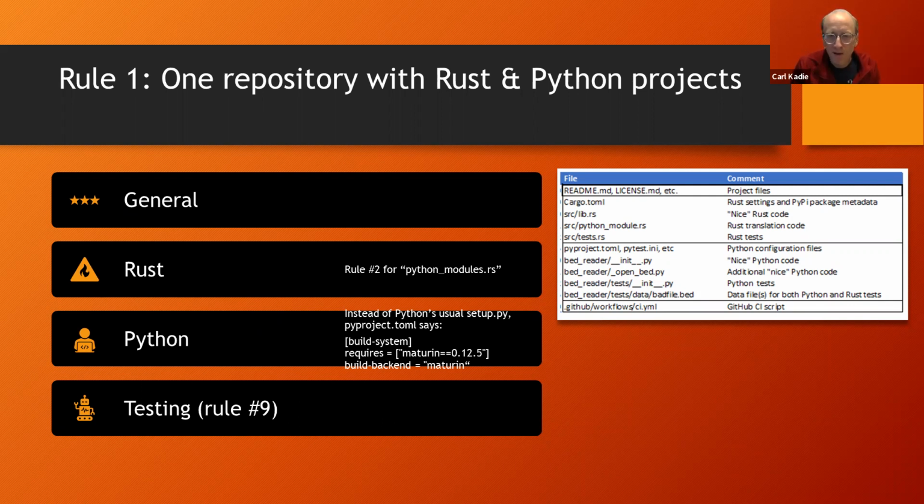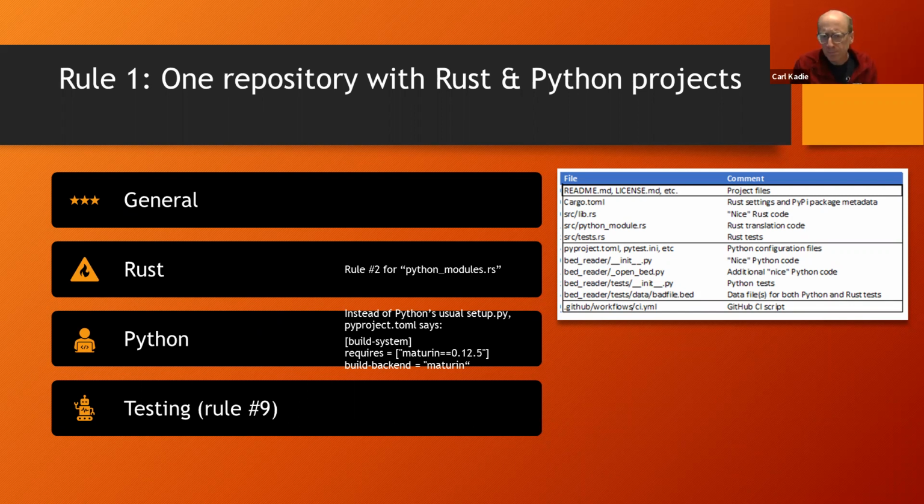And underneath that, there'll also be a folder for the Python tests, and underneath that, there'll be a folder for the Python test data. I'm doing this on GitHub and using GitHub Actions, so there's also a GitHub continuous integration script.